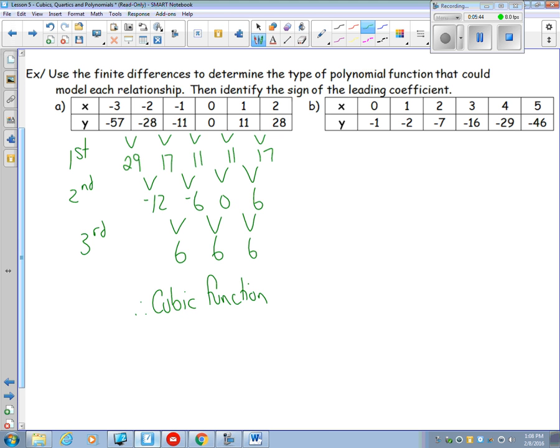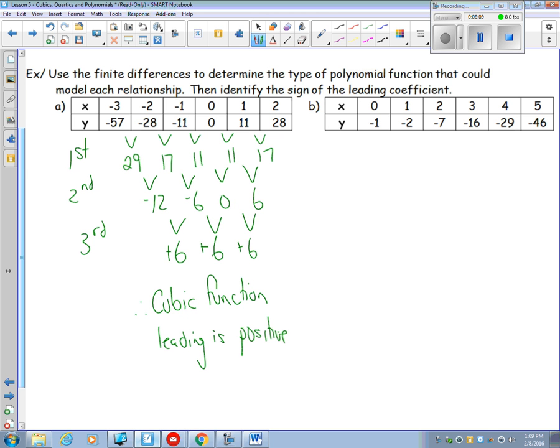Because I have 6's all the way through here, my leading coefficient is positive. I know that because I have a positive 6. It's not about the number itself, it's about the sign of that value, just like it has been for everything else. Which means this graph probably goes up to the right.